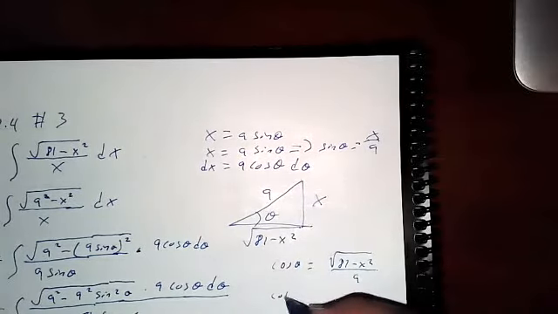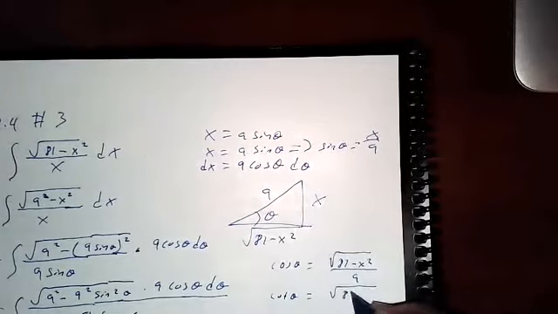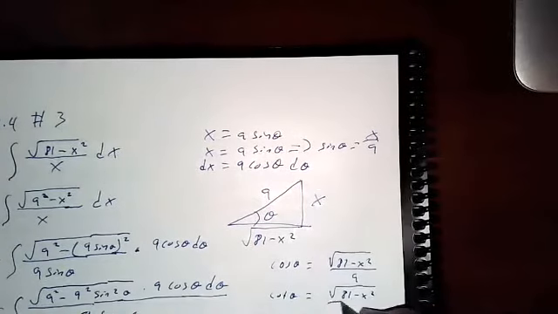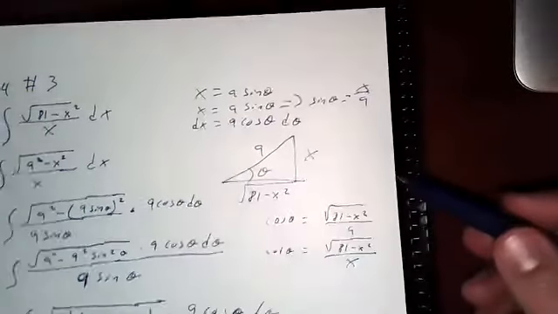Cotangent theta would be this nonsense. So plug all this in. Cosecant is just 1 over sine, so we can just flip this one over. So we're going to use these to complete the question.